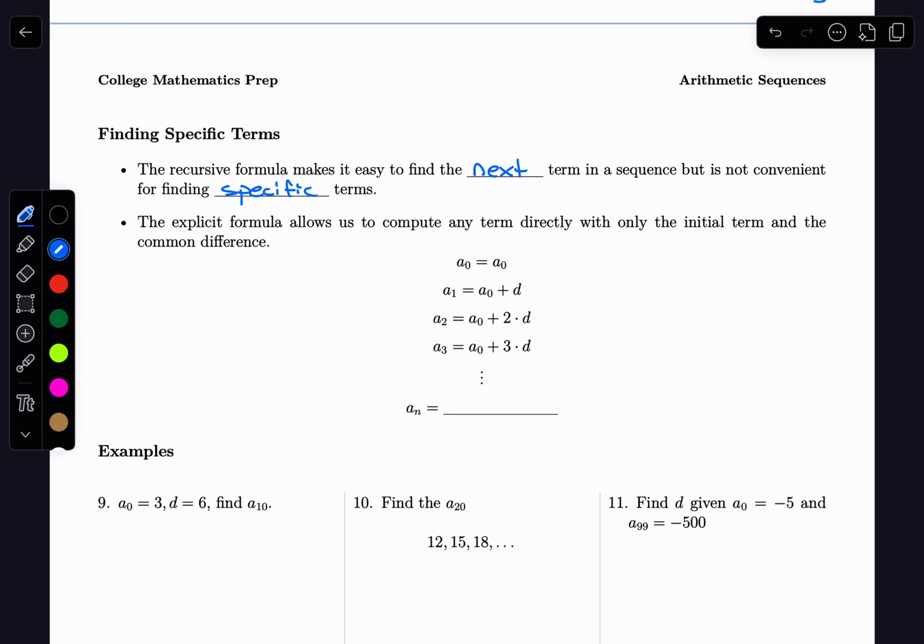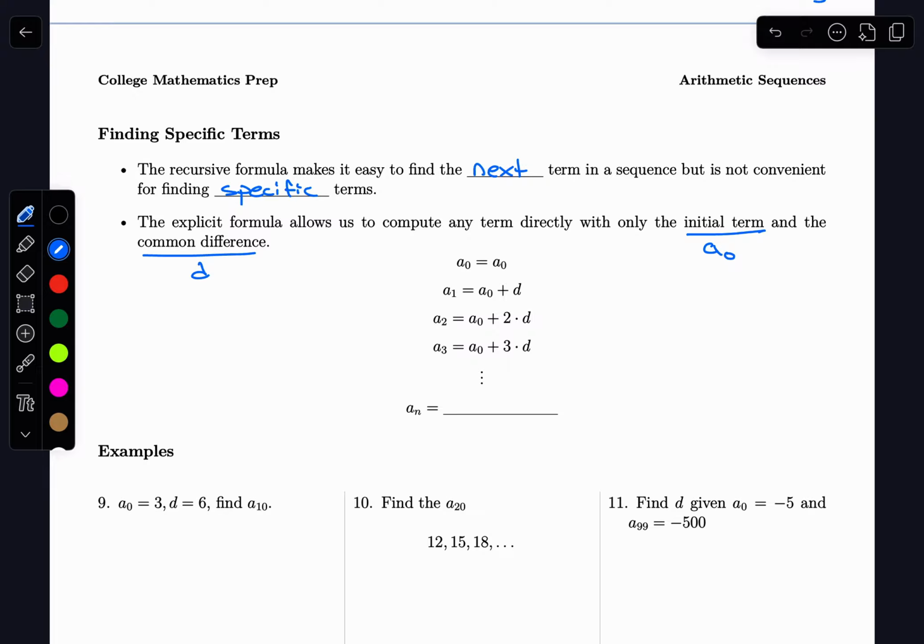Okay, that's a very specific term. So what we have instead of the recursive formula is called the explicit formula. Okay, the explicit formula allows us to compute any term directly, where all we need is the initial term, that's a sub 0, and the common difference, which is d. So as long as we have those two things, we can find any term.